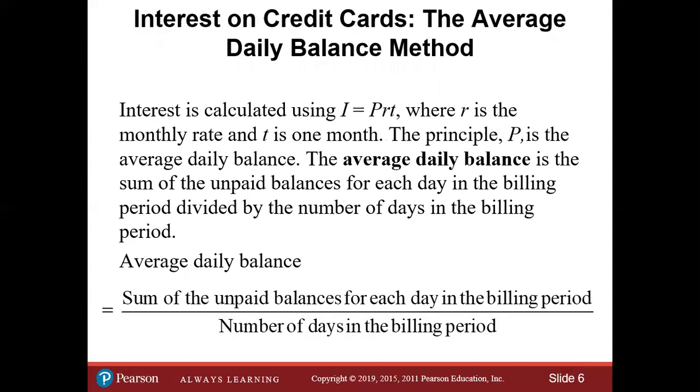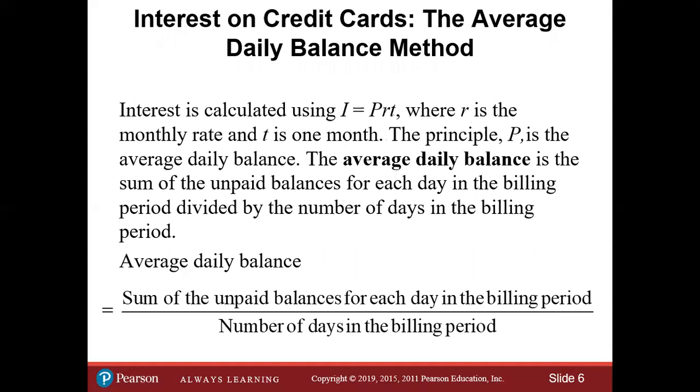So interest on credit cards, like I mentioned before, is often calculated by taking the average daily balance. And this is only one of the methods that credit card companies will use.